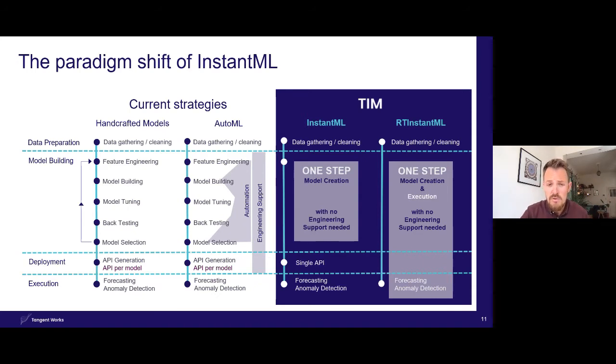You install a couple of servers, and if you wait half an hour, 1 hour, a couple of hours in computing time, you get a result, and the AutoML platform tells you, for this use case, you best use a neural network. But then you still need an expert to understand what that is, a neural network, and to do the feature engineering, the tuning and the testing of the model, to then wrap it again in an API and start using it in production to do forecasting or anomaly detection.